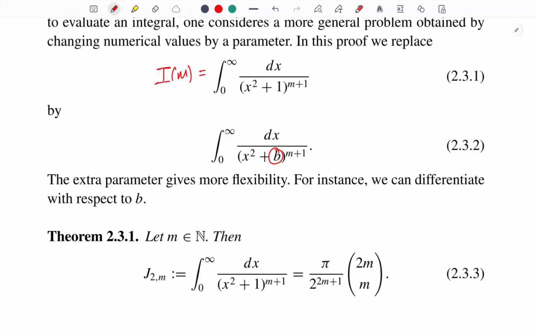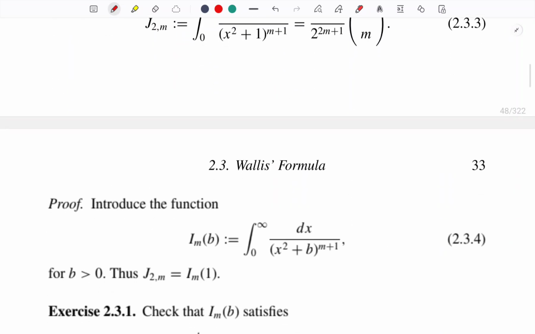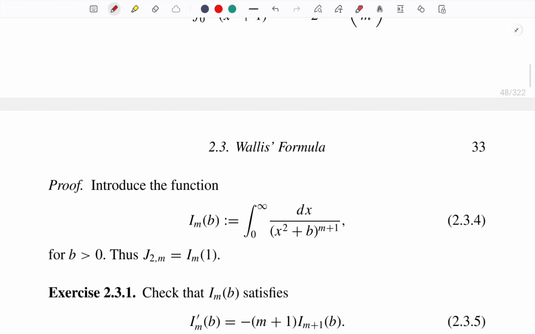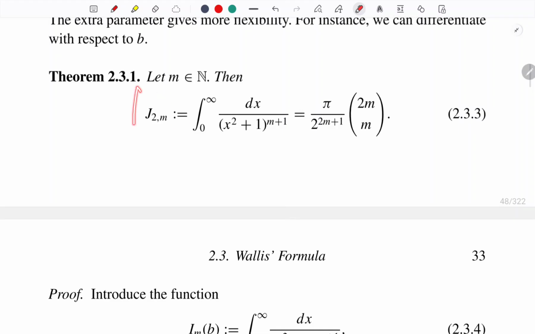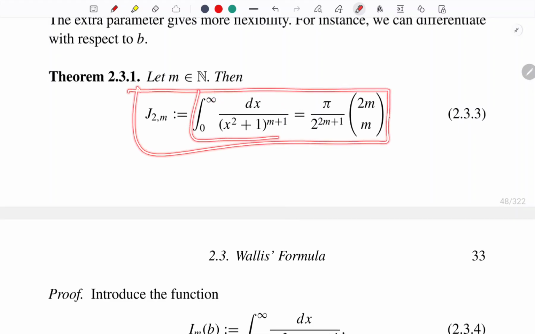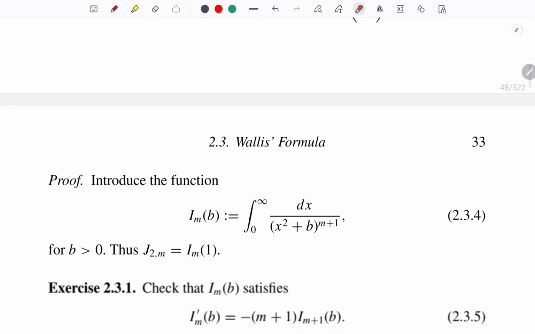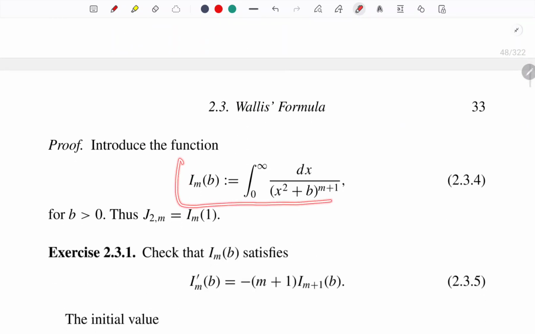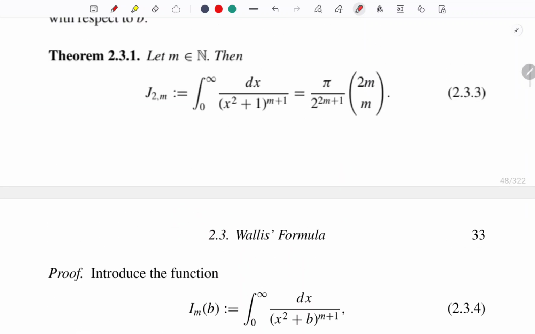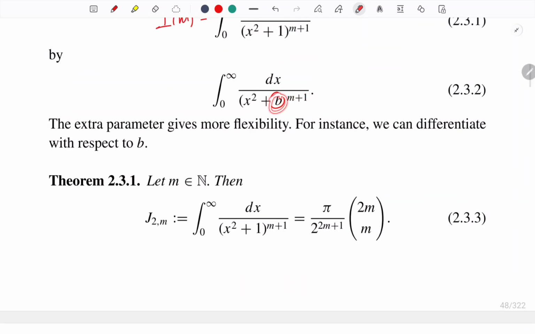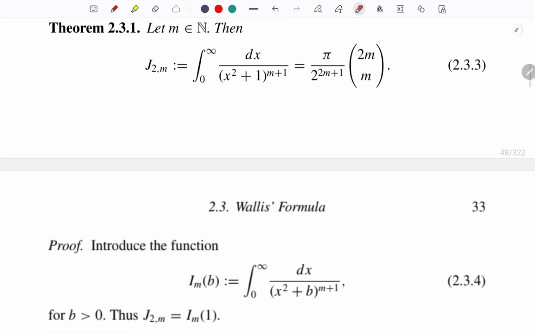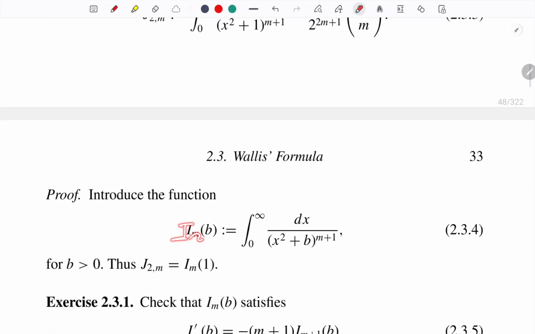Okay, so here we have the final result. When you evaluate this integral, we are going to have this result. And here we have assumed that our integral looks like this. As I told you, there are two variables, b and m, so the author represented it like this: I of b sub m.